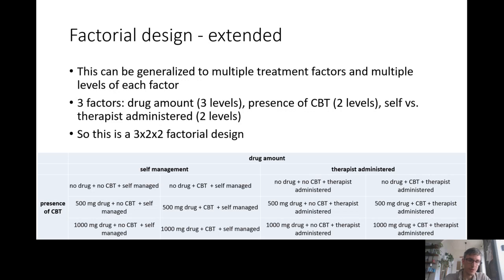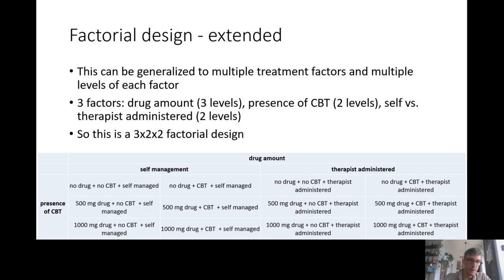So we either have the treatment administered by the patient, him or herself, or a therapist. And so this gives us a 3x2x2 factorial design.